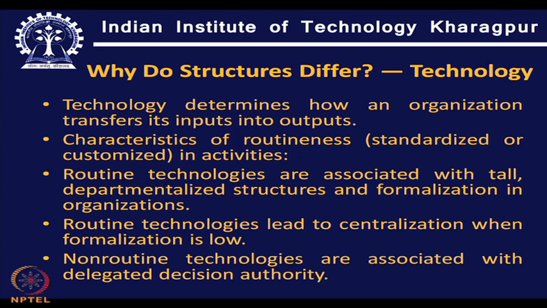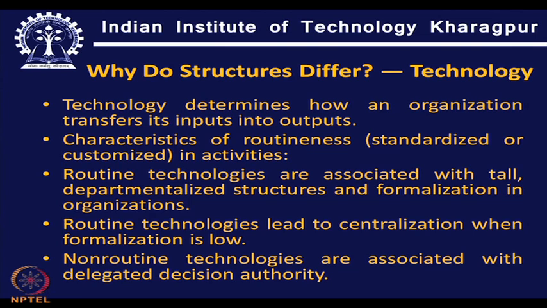Structures also differ based on technology. Technology defines how an organization transfers its inputs into outputs. One of the characteristics is routineness, whether it is standardized or customized in its activities.